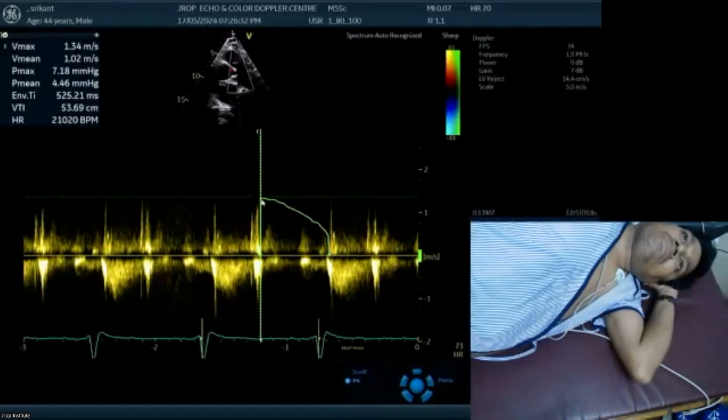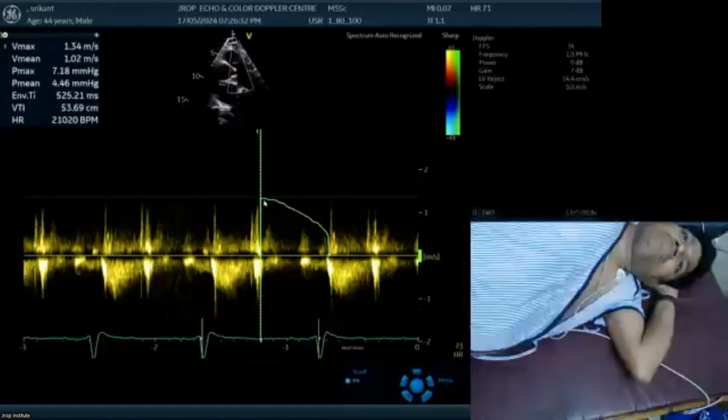This is early diastole, this is late diastole. Suppose early diastole is 2 meters per second, and this is 1.5. For calculation purposes, suppose it's 2 meters per second. The gradient would be 2 into 2 into 4, which is 16. And what is this 16?